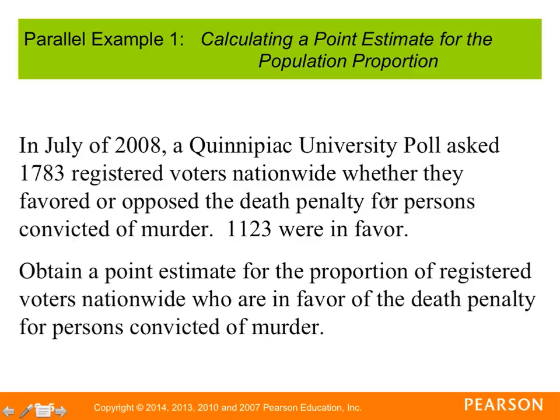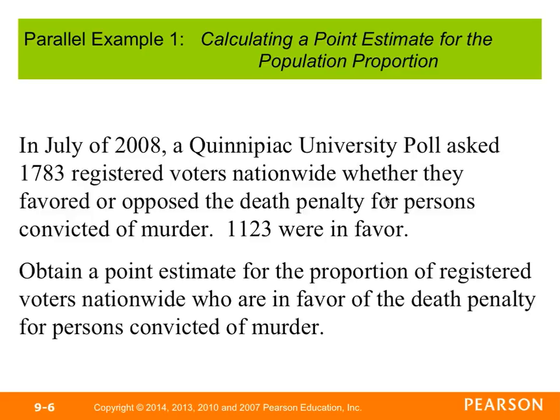In July of 2008, the Quinnipiac University poll asked 1,783 registered voters nationwide whether they favored or opposed the death penalty for persons convicted of murder, and 1,123 were in favor.